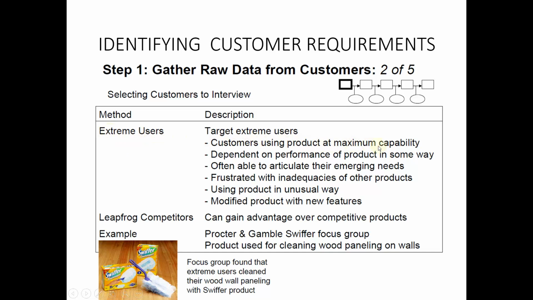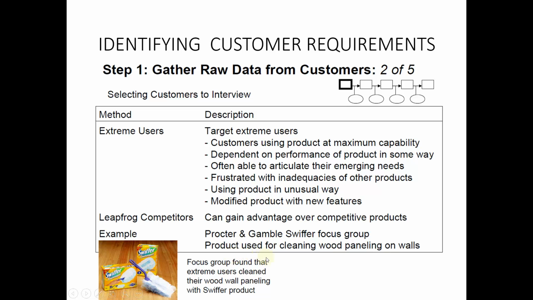that is the users who are using that product at the maximum capability, cleaned their wood wall paneling with the Swiffer product. So one particular area, wood wall paneling, was identified as the area that was mostly cleaned using the Swiffer product by most of the customers.